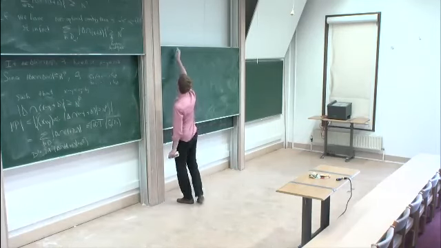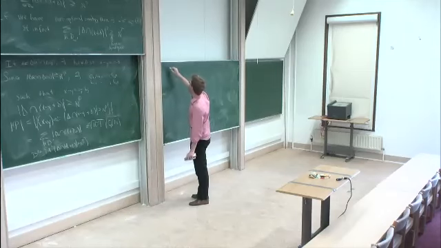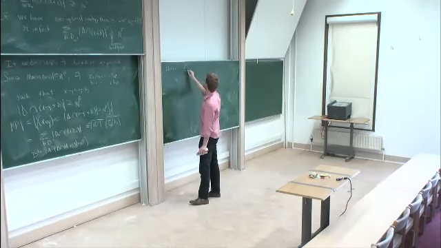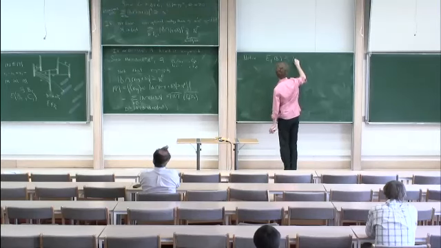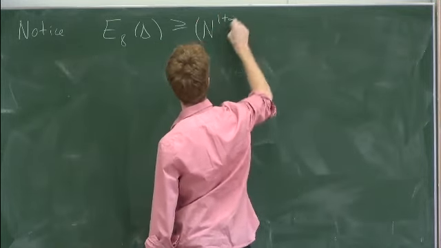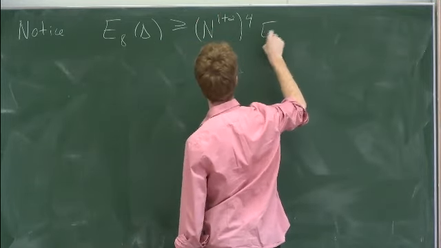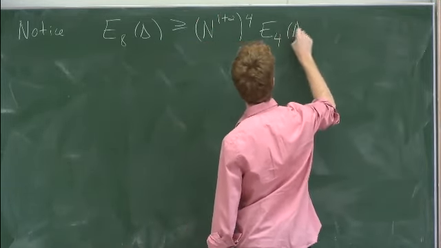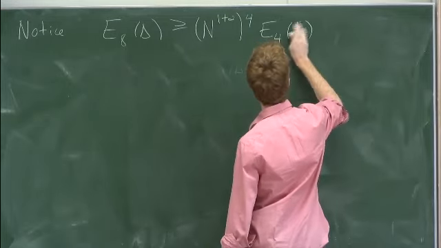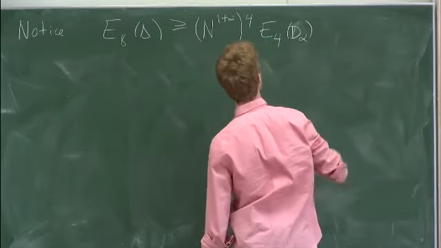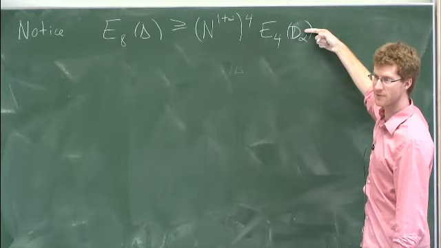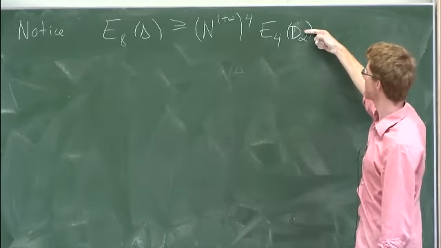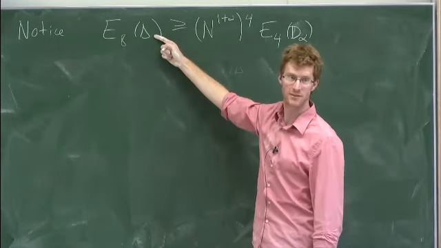Okay, why is this relevant? If the number of 8 tuples in the set delta is at least this number, which I'll explain momentarily, knowing something about the number of 4 tuples in the different set, d alpha, tells me something about the number of 8 tuples in the set that we started with.